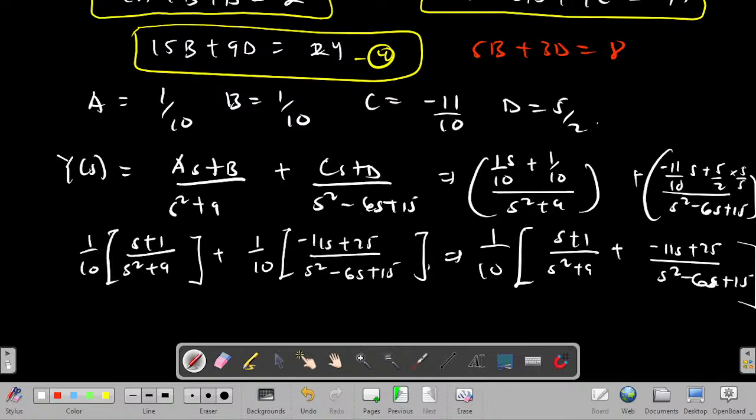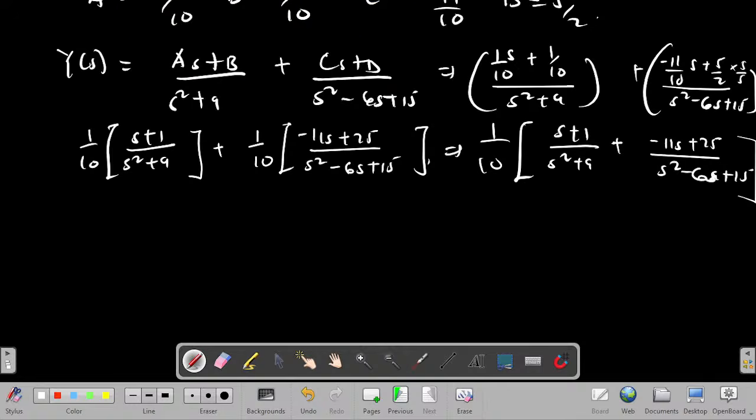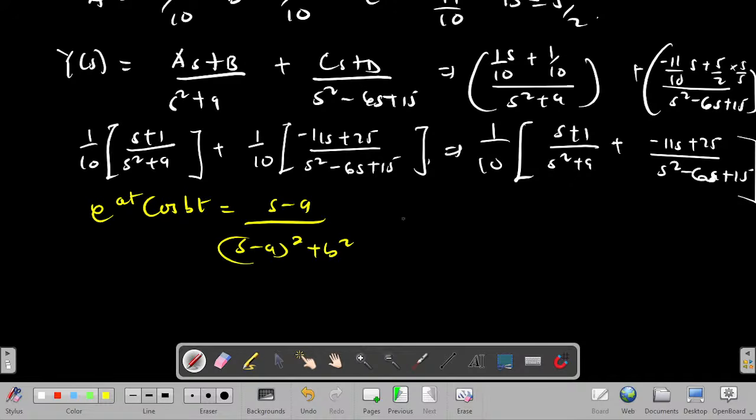So with this, we need to find the inverse Laplace of this to get the actual. Let me introduce the inverse Laplace here. Remember that e to the power at cos bt is the same as s minus a over s minus a all squared plus b squared.